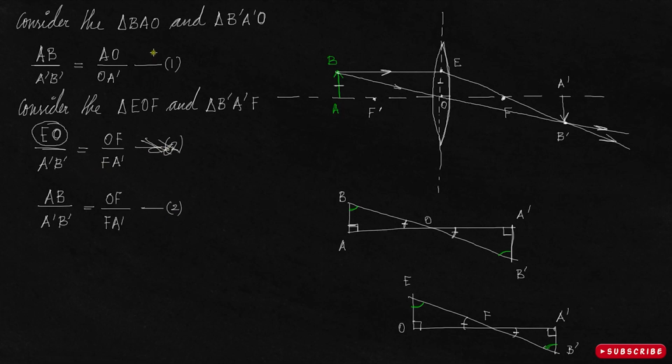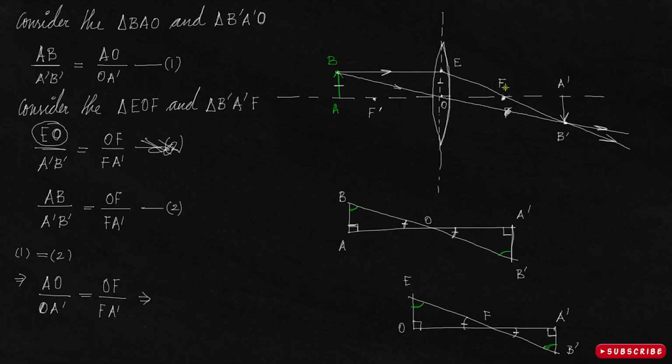Now when you compare 1 and 2, on the left hand side, both these equations have AB by A dash B dash. So the right hand side will also be equal. That means equation 1 equal to equation 2 implies AO by OA dash will be equal to OF divided by FA dash. Let me change this FA dash.